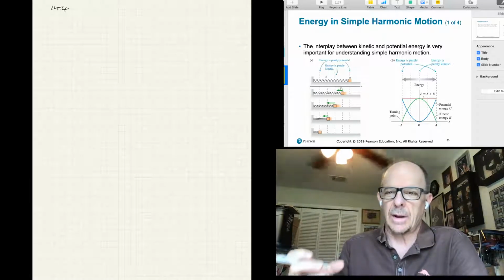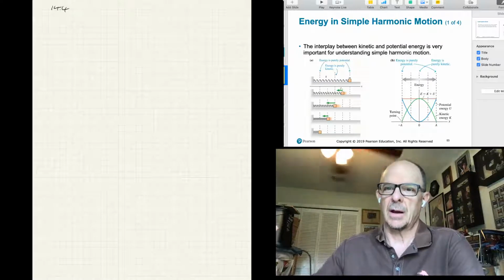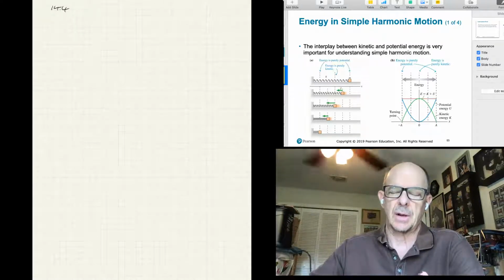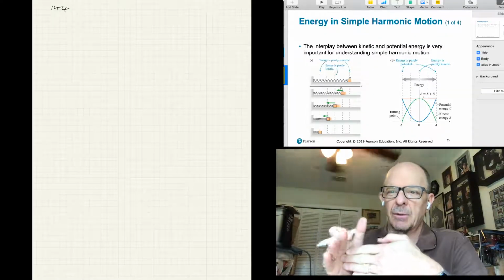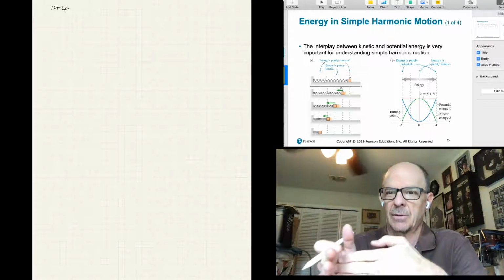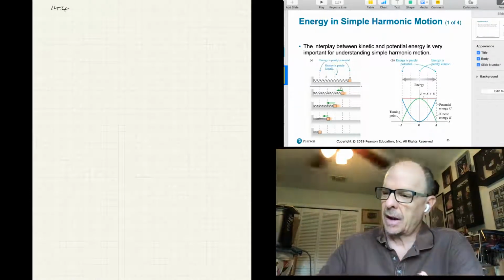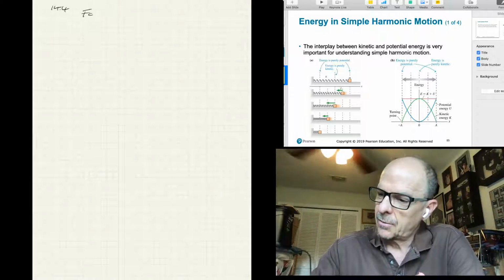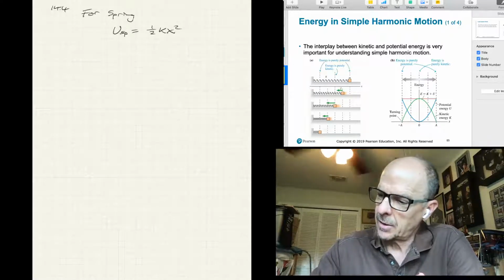When the spring is stretched out to its maximum extent, there's a lot of elastic potential energy. When you let it go, it speeds up. It reaches its maximum speed, as we've already seen, at the equilibrium position. And at the equilibrium position, there's no stretching. And remember that for a spring, the elastic potential energy is 1/2 kx squared.